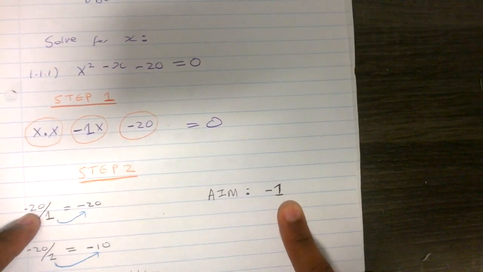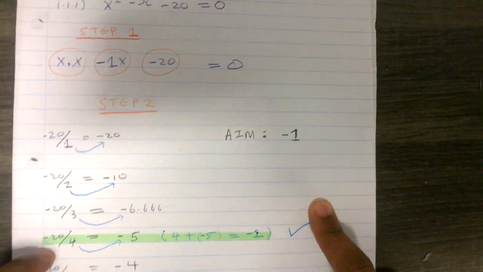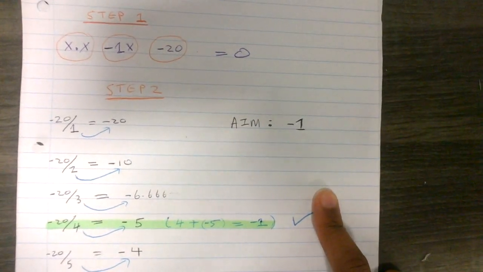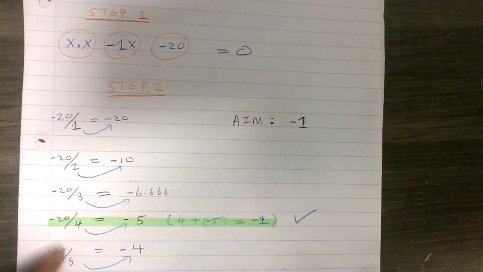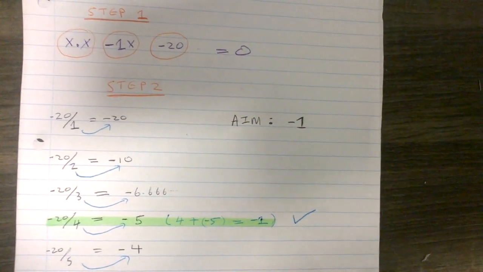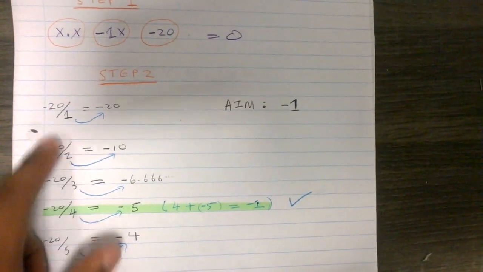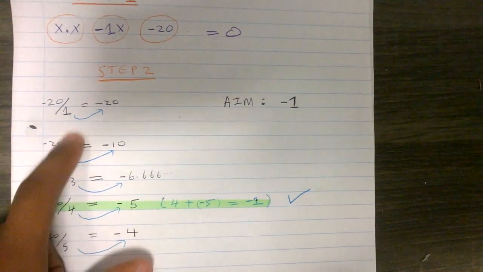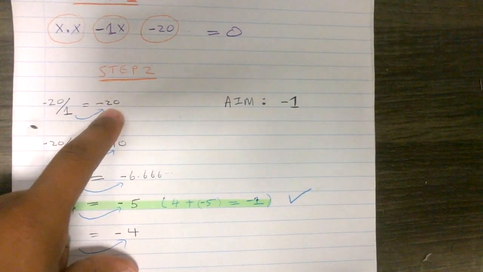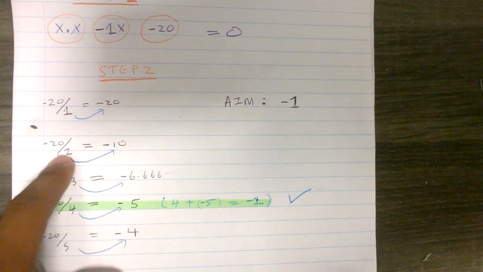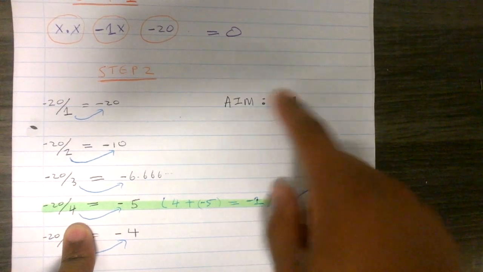And then you're going to take these constants and divide by 1, 2, 3, 4, 5. Depending on the type of equation you're given, you might have to divide by more, but normally dividing up until 5 should be sufficient. And then you're going to look at your answers. You see the things that you divided by, you're going to add them to get to your aim.